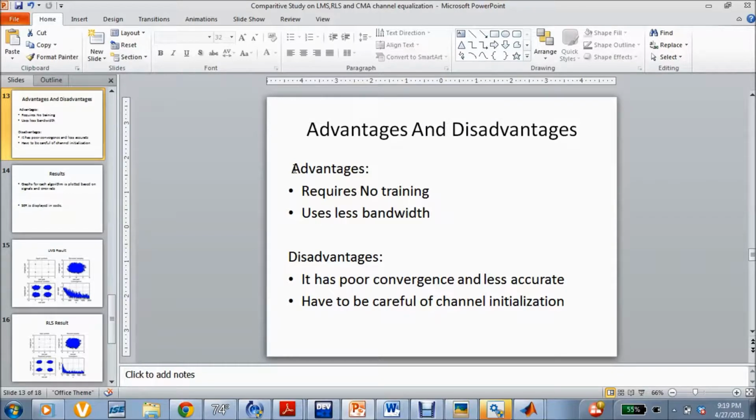The disadvantages are that it has poorer convergence than LMS, and it is less accurate compared to the traditional channel equalization. And the other thing is that we have to be careful of channel initialization, otherwise the errors might not be accurate. So now I'll explain the code that I've implemented for the three algorithms.